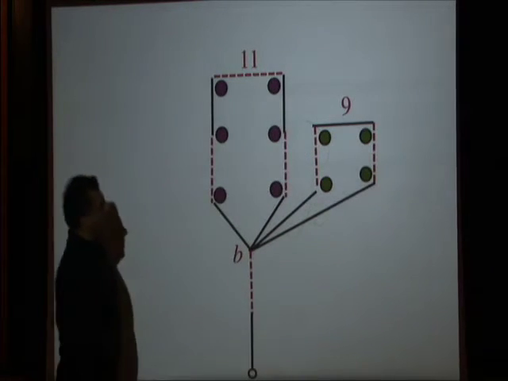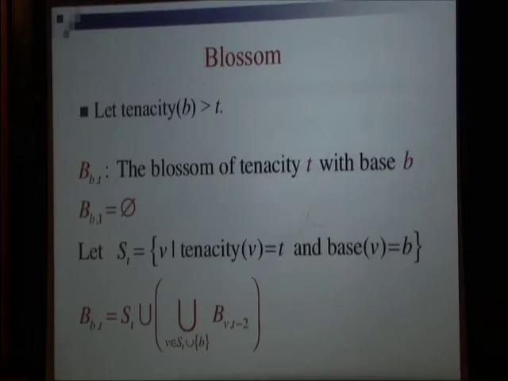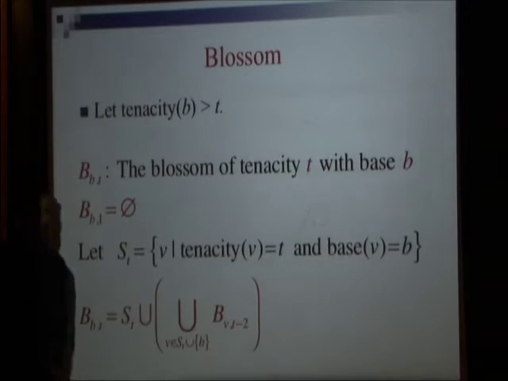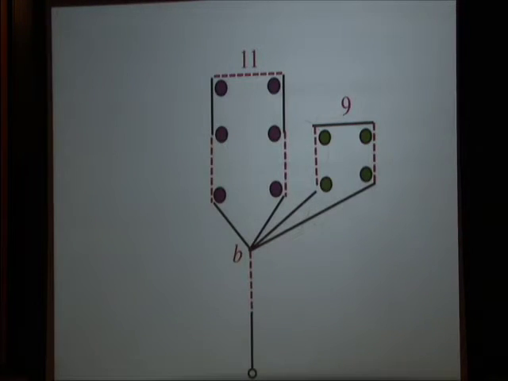What's the blossom of tenacity 11 with base B? Just the purple? No, green and purple. Why? I thought the base was not part of the blossom. Oh, okay, I see. So that's a totally graph theoretic definition of a blossom.